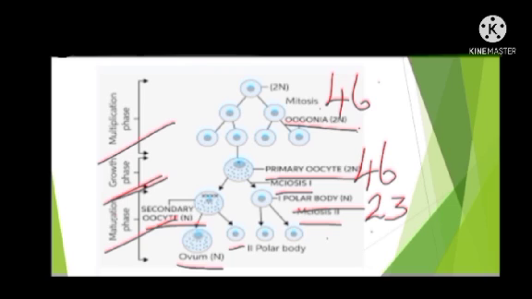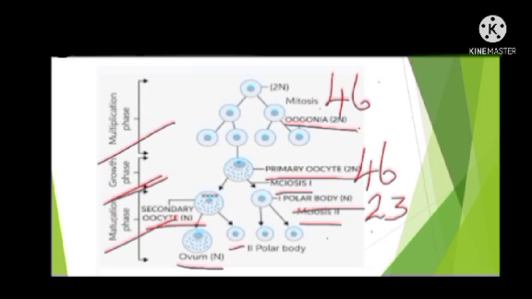So we can say only one ovum will be produced at the end of one oogenesis. But in spermatogenesis, whenever one cell undergoes spermatogenesis, at the end 4 haploid sperms can be produced. But when one cell undergoes oogenesis, at the end it can produce only one ovum.